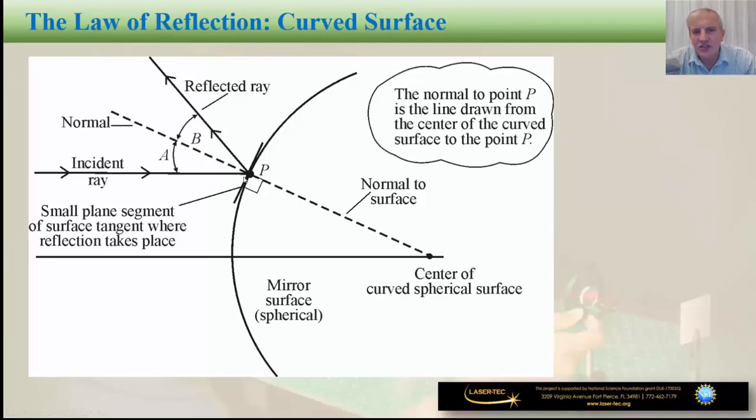Exactly the same concept, just that in this case the mirror is curved, and in such a case you have to establish the straight segment touching the mirror at only one point, the so-called tangent, and then proceed with the reference line, construction of the incident angle, and finally the reflected angle.